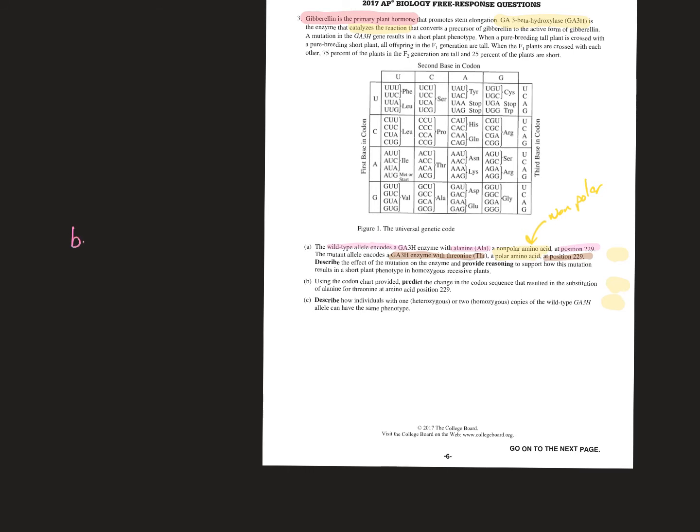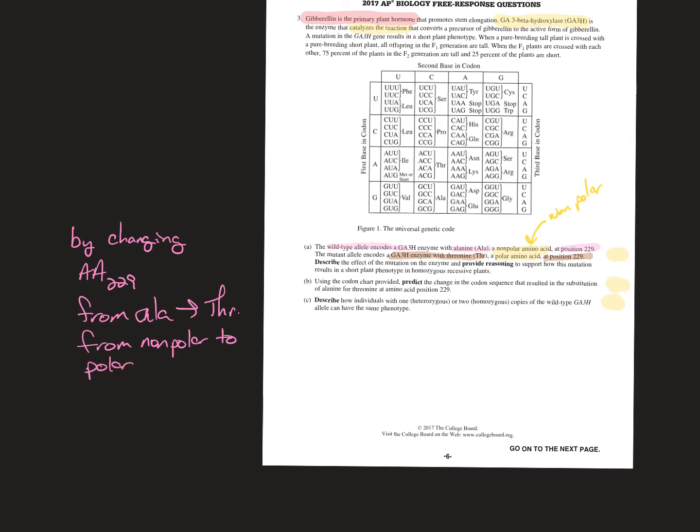So by changing amino acid 229 from alanine to threonine, from nonpolar to polar, the shape of the hormone has changed.